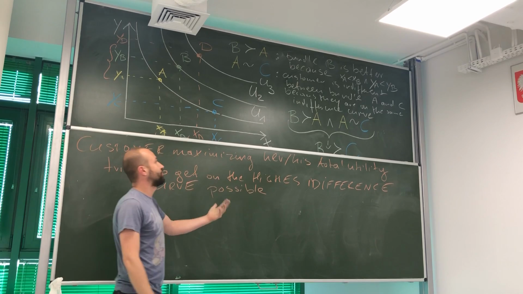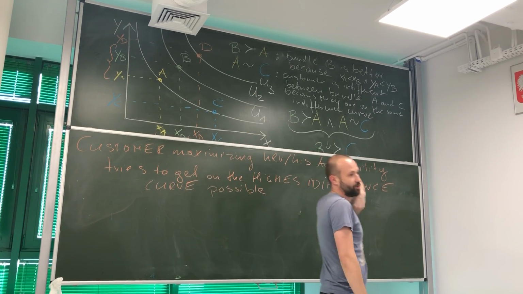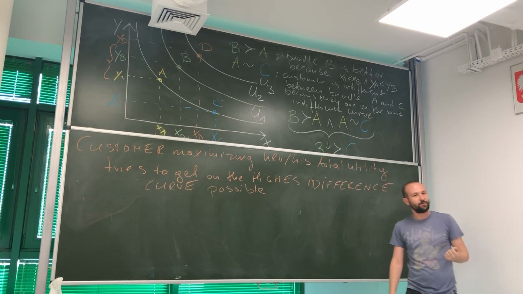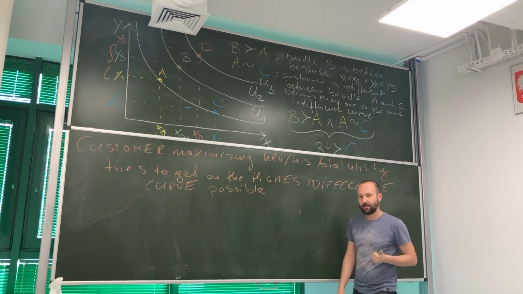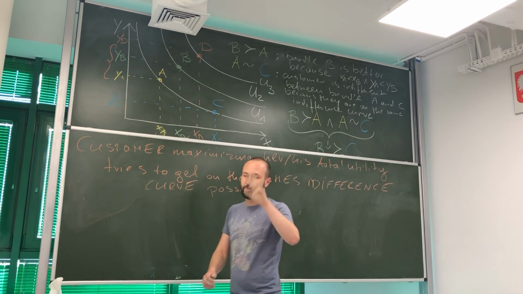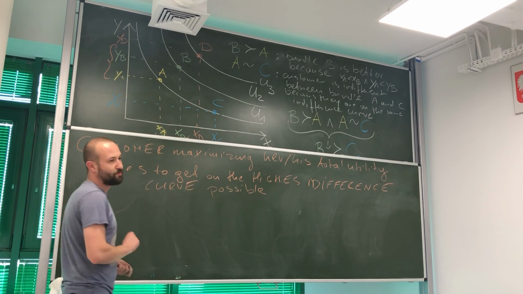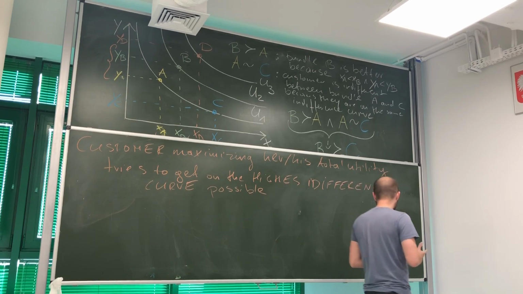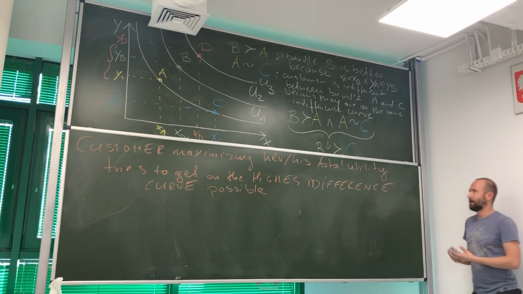However, a customer cannot just choose where he or she wants to be. Why? Because the customer is constrained by budget and prices of the goods. So the two things we discussed at the beginning of this video. Now, how do we deal with this problem?